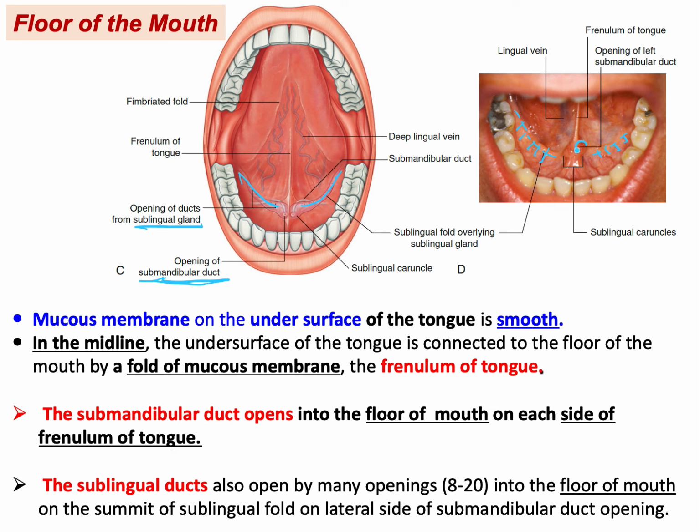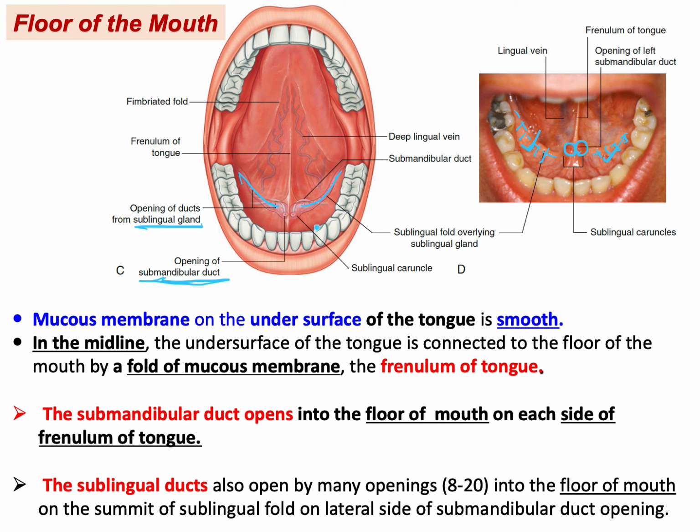And remember, these are the sublingual openings, or openings of the sublingual gland, and here are two openings for the submandibular duct. That, of course, come from the submandibular gland.